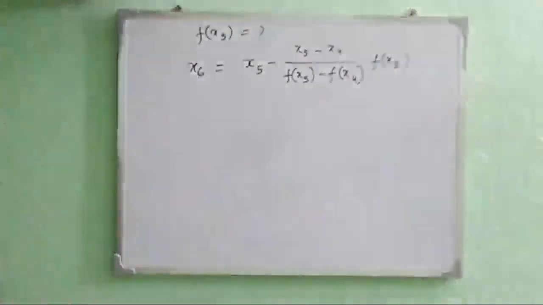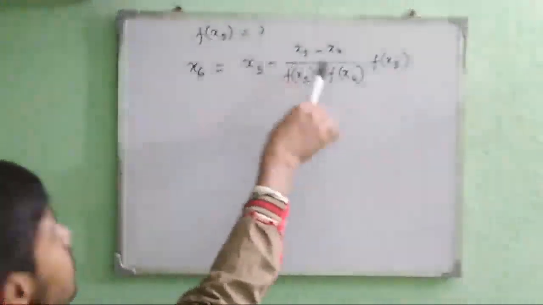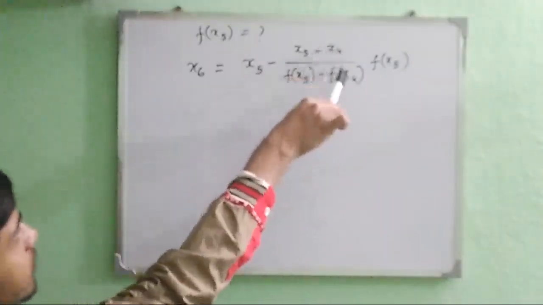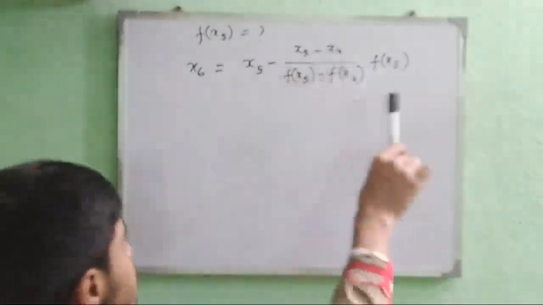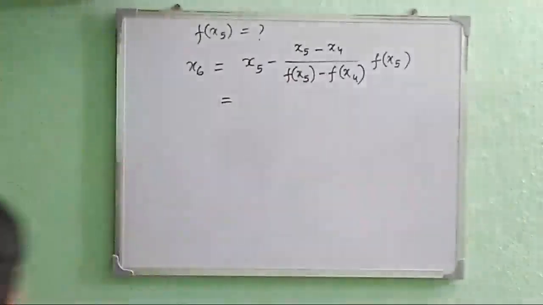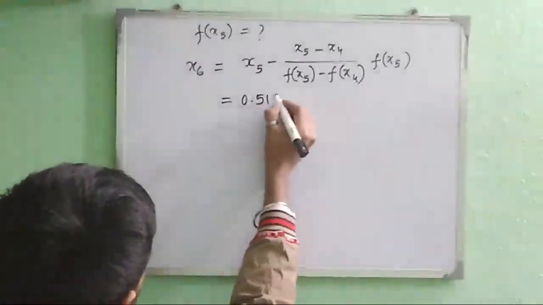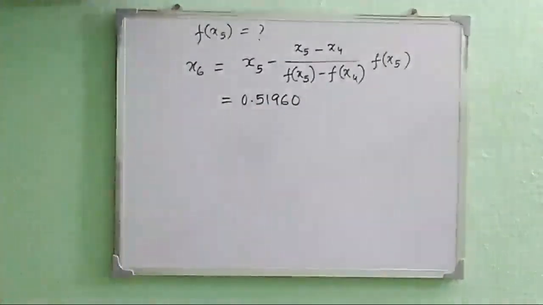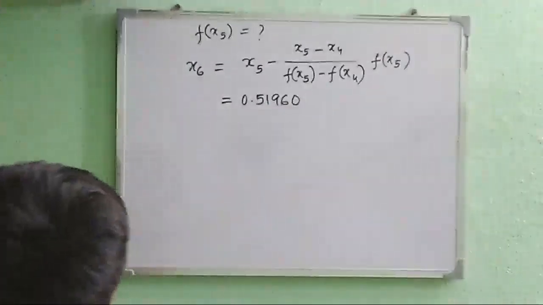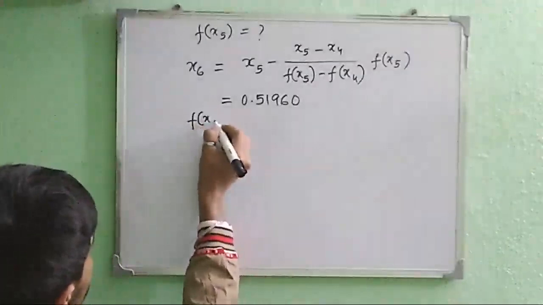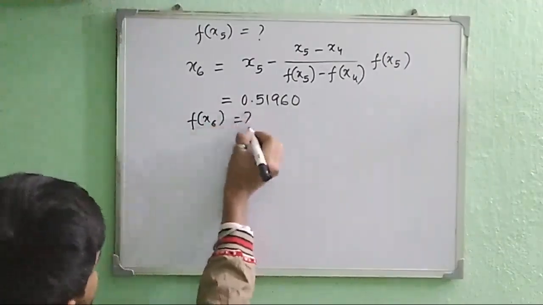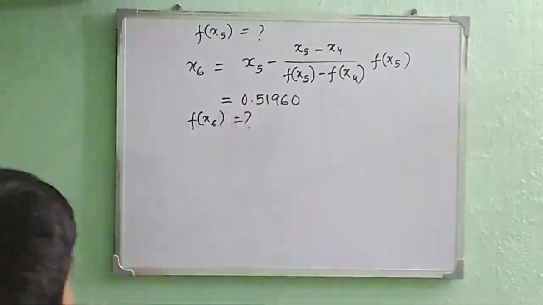Putting the values from the previous x4, x5, f of x4 and f of x5, we get the value of x6 as 0.51960. Now from this again we can calculate the value of f of x6.